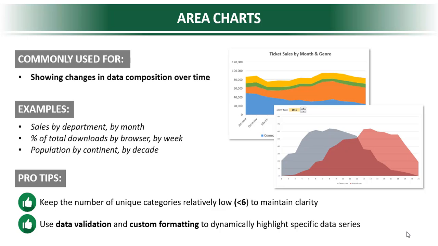The second one, we'll use in the next demos. We'll use data validation and custom formatting to dynamically highlight specific sizes of data and data series in the area charts. Now we'll see how to create different kinds of area charts by using real-time data.